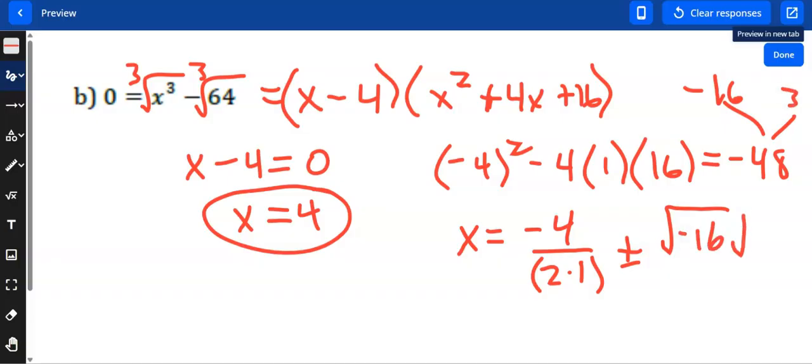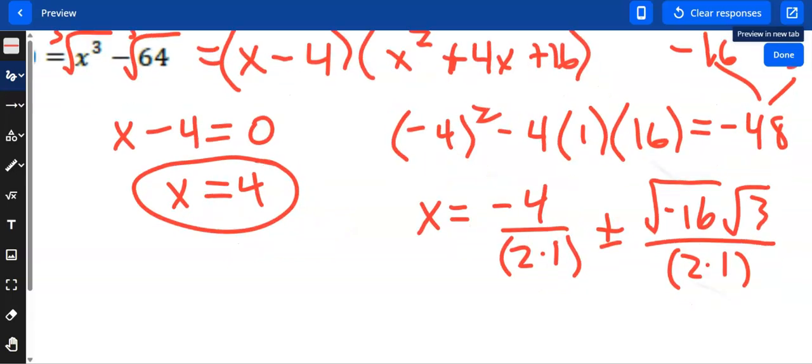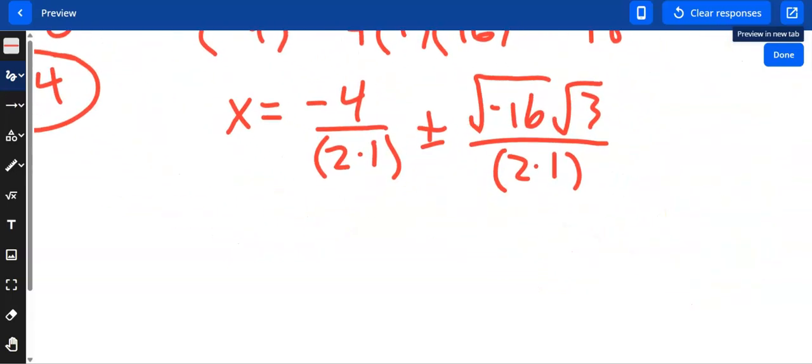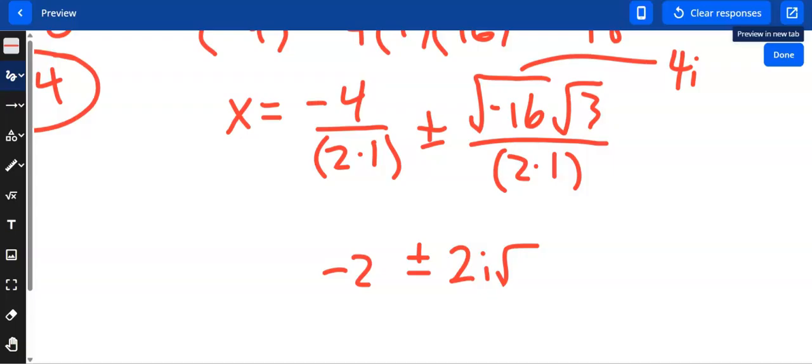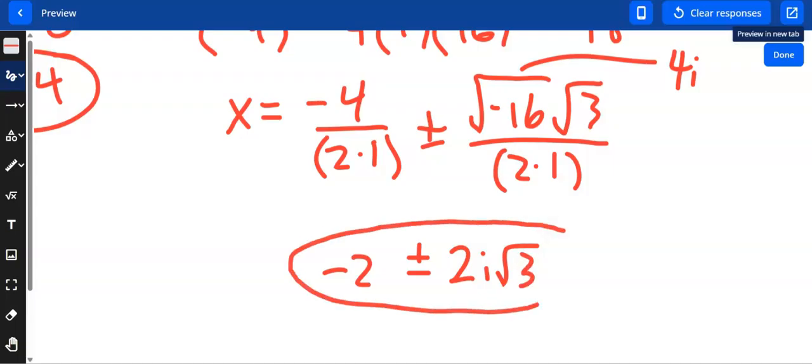So, negative 16, 3 all over 2 times 1. So we can simplify this first one down to negative 2. This thing right here is 8i. No, 4i. That can be reduced with the denominator to 2i. So, those are your other two answers.